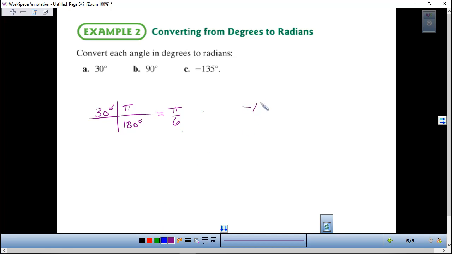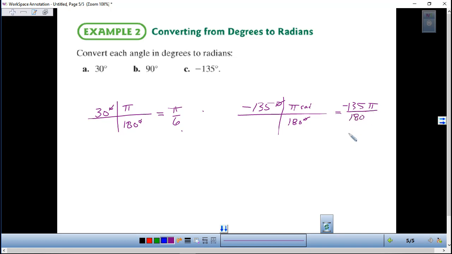So let's do negative 135 degrees times pi radians over 180, more specifically the fact that these are going to cancel out. And you end up with negative 135 pi over 180.